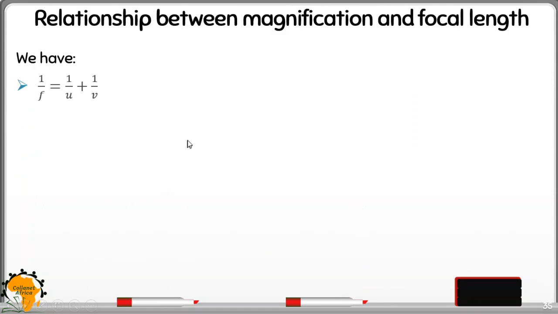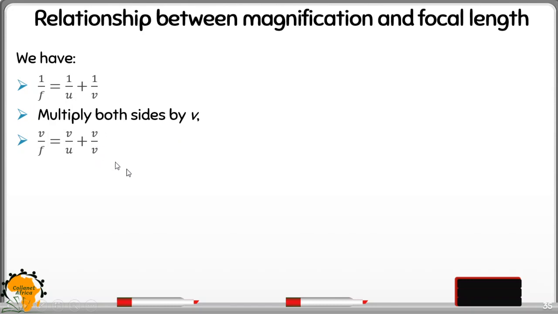We see the relationship between magnification and focal length. We are considering our lens formula here. If we multiply both sides by V, we are going to get V over F is equal to V over U plus V over V. This V over V will cancel out. It will be 1.